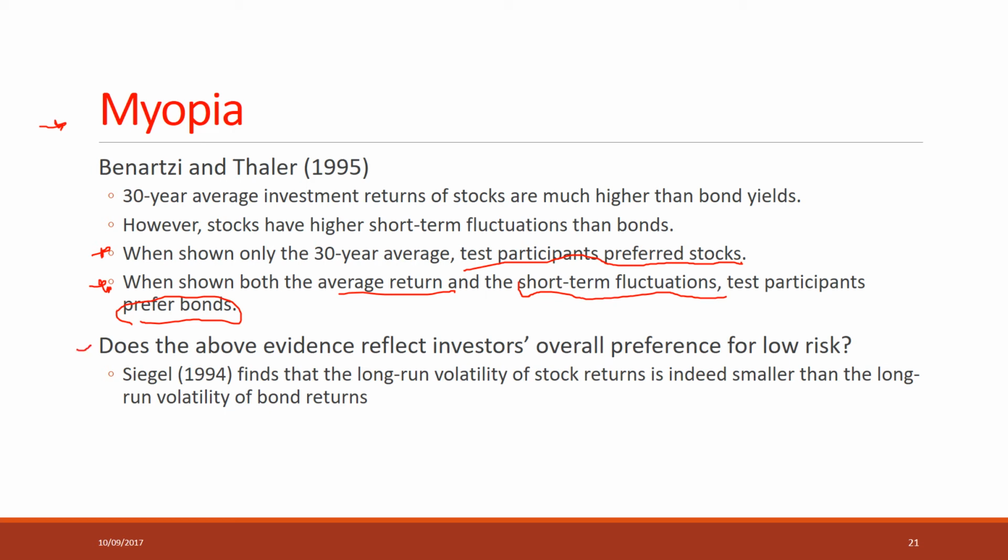So to answer this question, Siegel in 1994 looked at the long-term volatility of stock returns and bond returns, and found that for the long run, the volatility of stock returns is much smaller than the long-run volatility of bond returns, right?